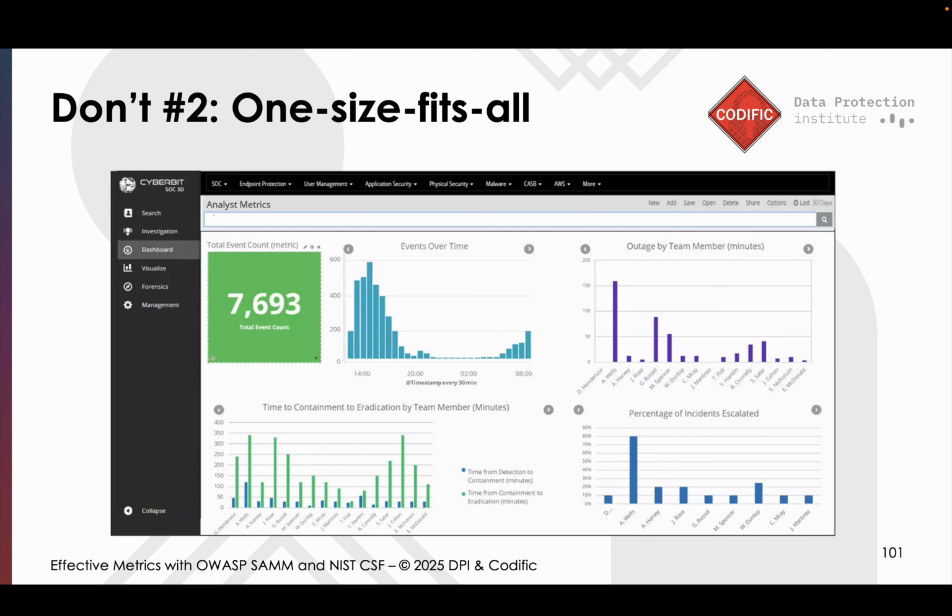The next common mistake in dashboarding is creating a one-size-fits-all dashboard. The reality is, different stakeholders care about different things. Each person on your executive board will likely want to see different data. For instance, your Chief Information Security Officer will be focused on things like exploitable vulnerabilities and mean time to resolve incidents.